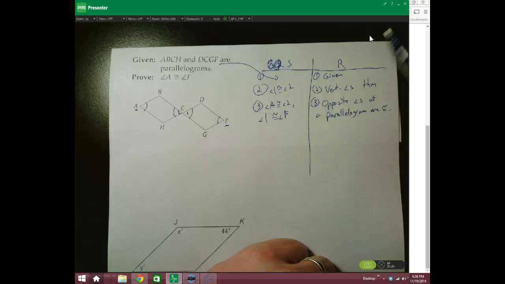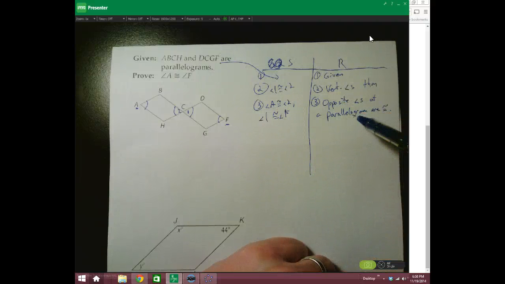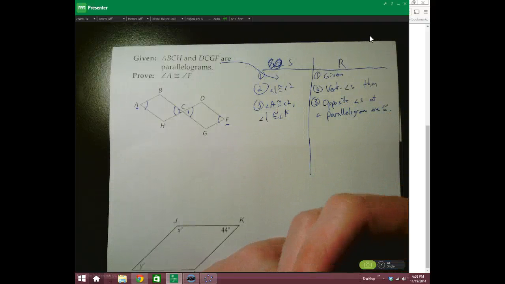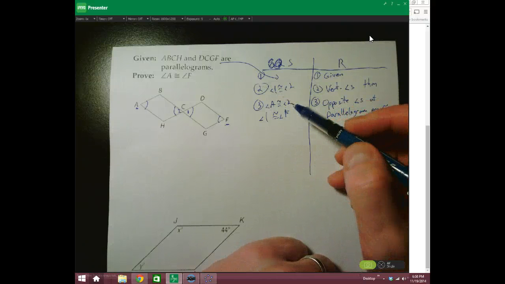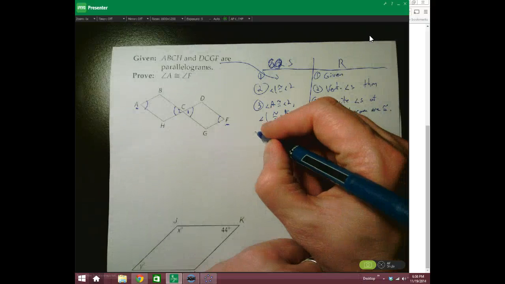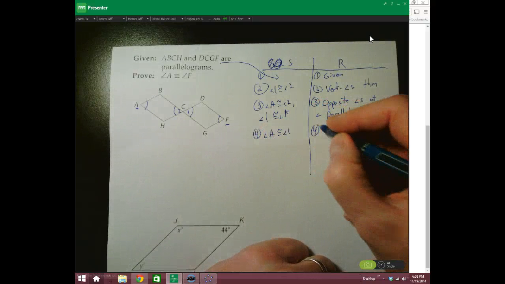Okay. Now, again, one of the important things about this problem is we had to know first that it was a parallelogram that was given. If we didn't know that, we couldn't use reason 3. Now becomes the arduous task of, okay, if 1 is congruent to 2 and A is congruent to 2, it means A is congruent to 1 by the transitive property.